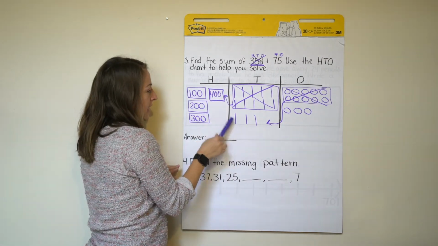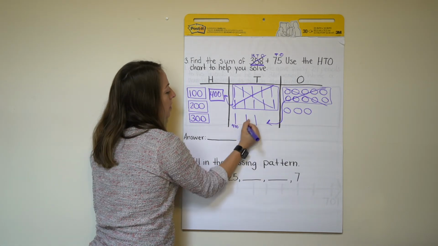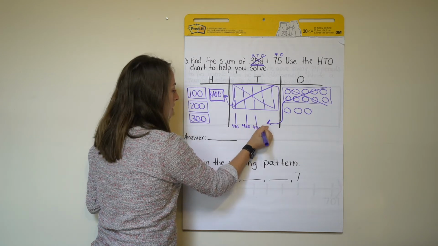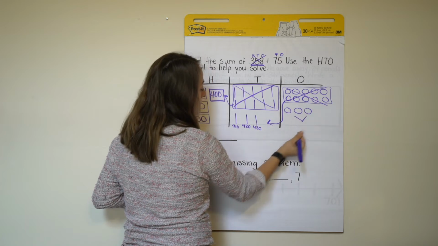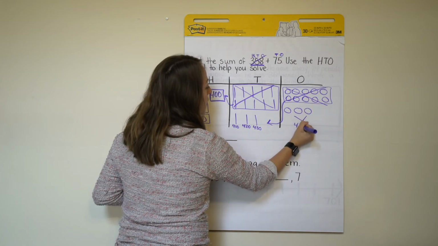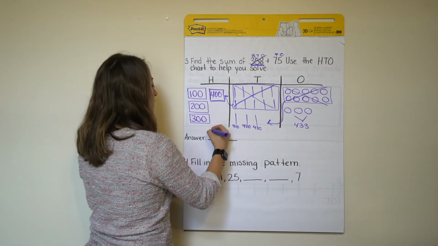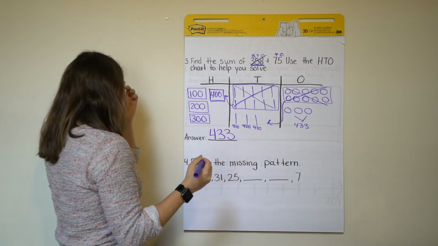Now we're counting by tens. We're counting on from here. 410, 420, 430. And we only have 3 ones left, so we can say that this is 433. So our answer, 433, is how much we have.